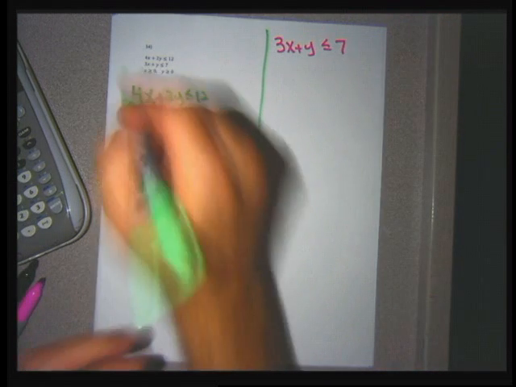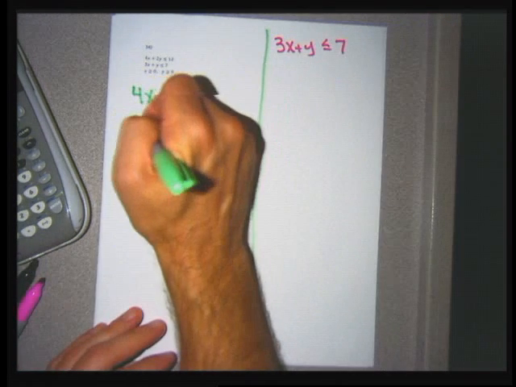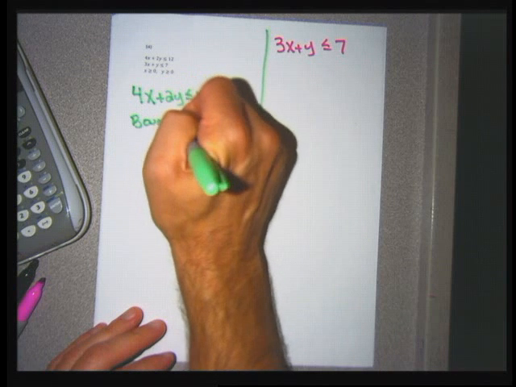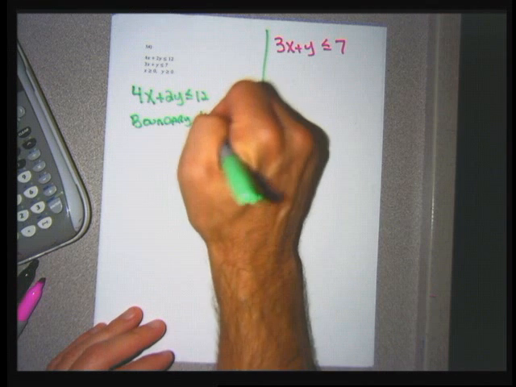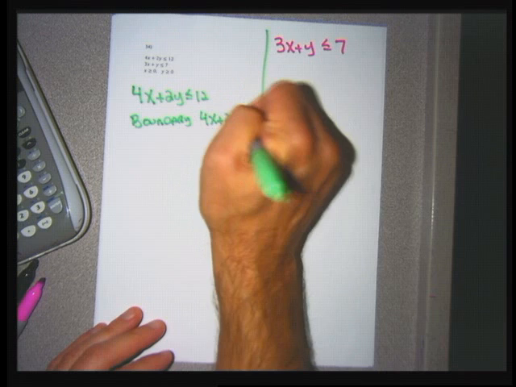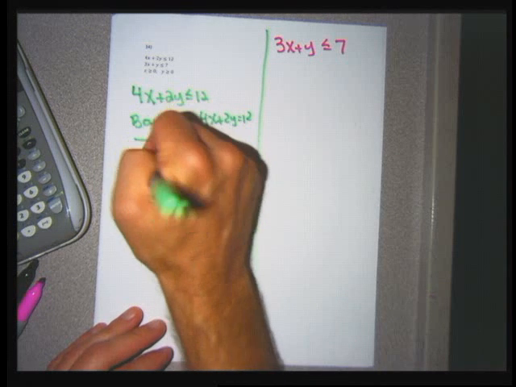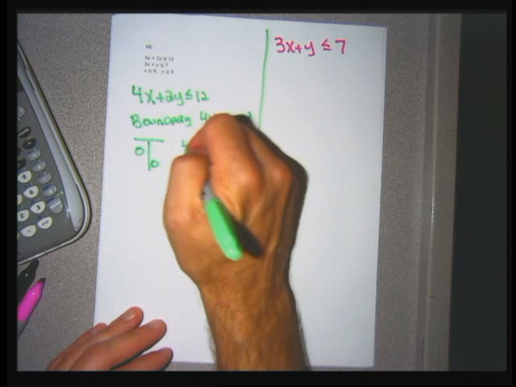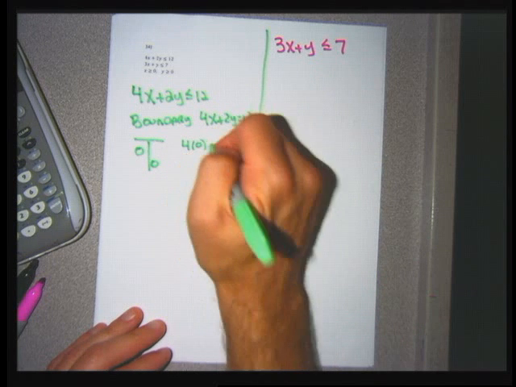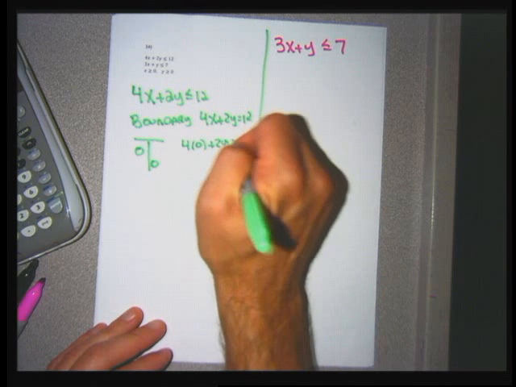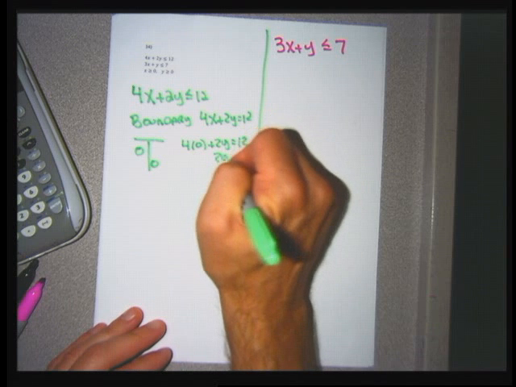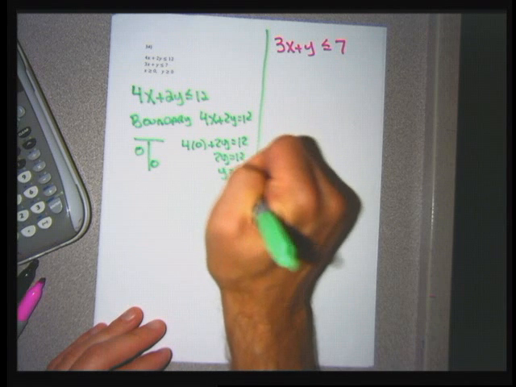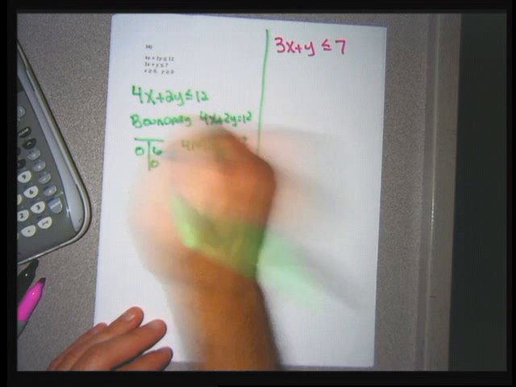Another fraction problem. So I'm going to do the boundary for the first line. I'm going to do 4x plus 2y equal to 12 as my boundary. Plug in 0 for x and 0 for y. Plugging in 0 for x, I get 4 times 0 plus 2y equals 12, which gives me 2y equal to 12, which gives me y equal to 6.